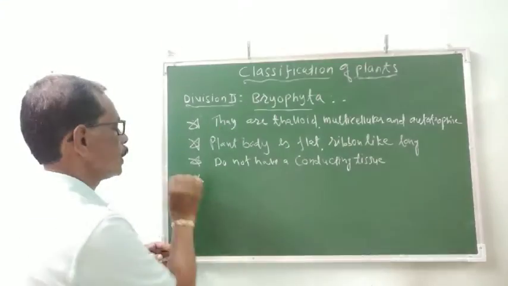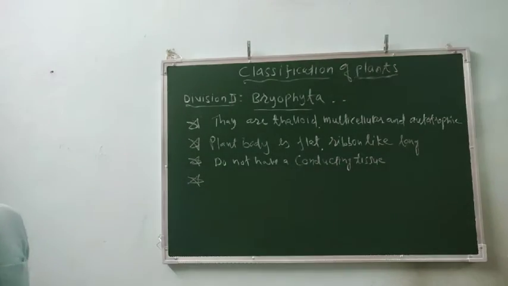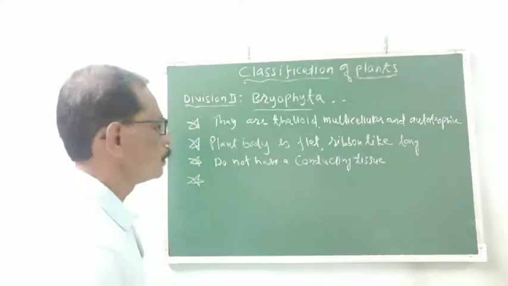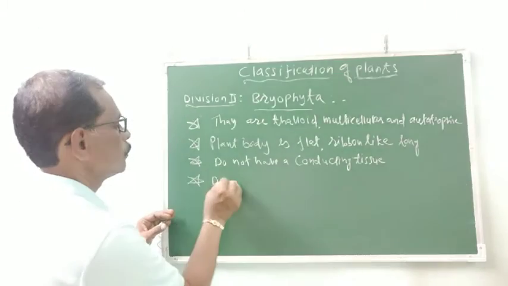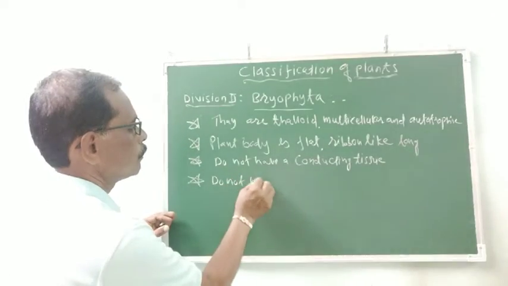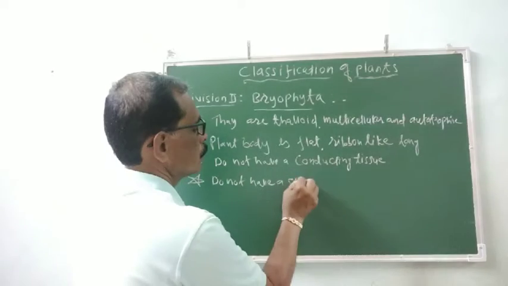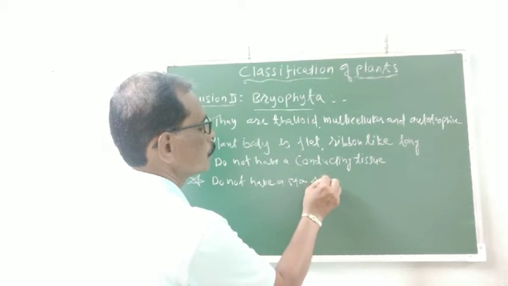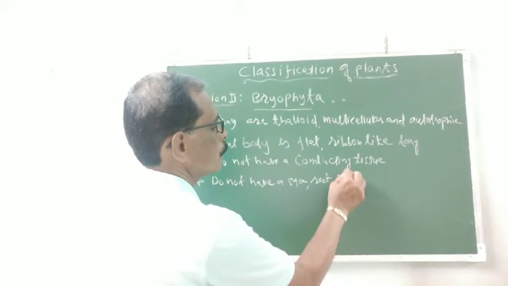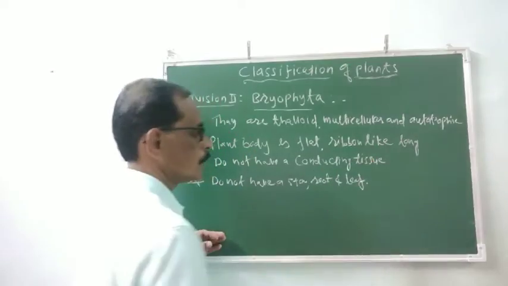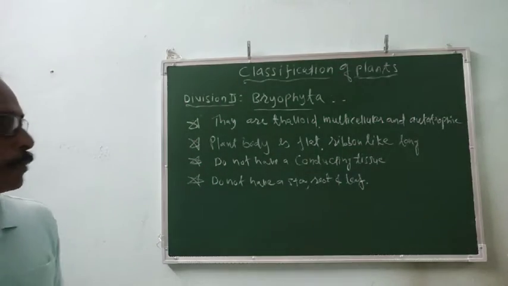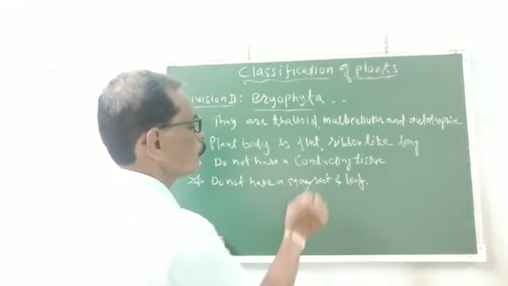Now fourth is that they do not have a stem, root and leaf.